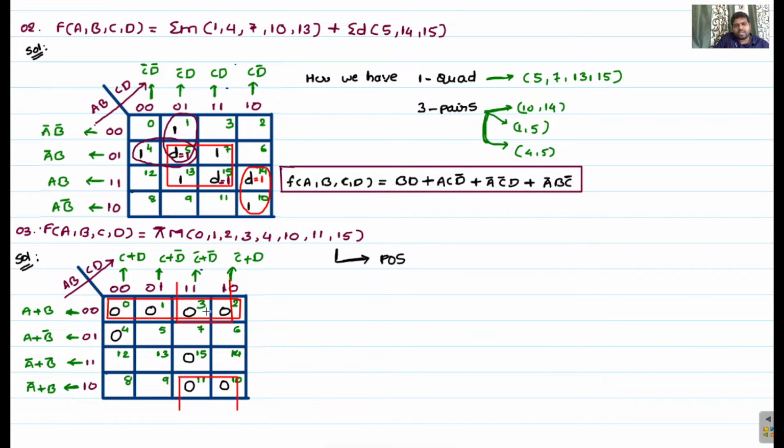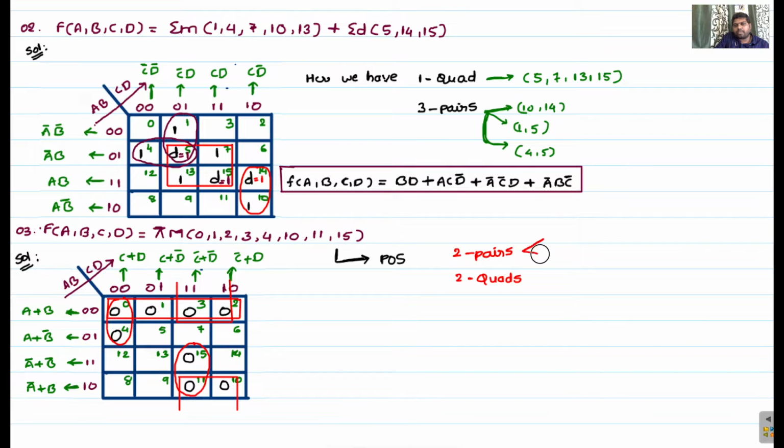Next, are there any other possibilities? If you observe 0 comma 4, we get one pair. 0 comma 4 is one pair, and 15 comma 11 is also one pair. So that means you will get 2 pairs and 2 quads. Here I will mention 2 pairs and 2 quads.